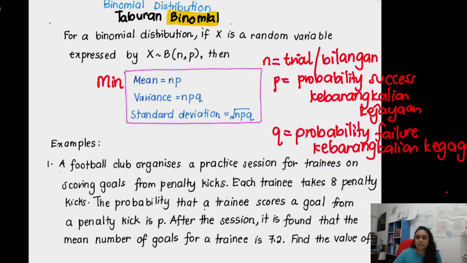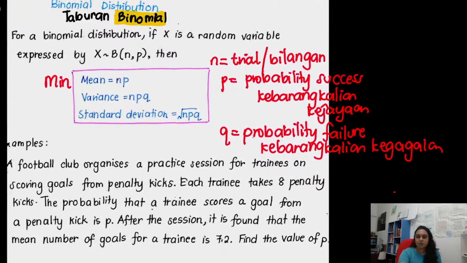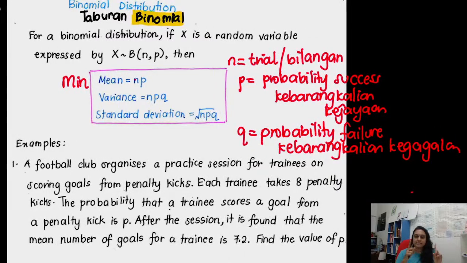So for now, what you need to know is how to find the N, how to find the P, how to find the Q. This part of the topic is actually very easy, but it can easily confuse you if you don't know how to find the information. Okay, let's start with soalan satu.